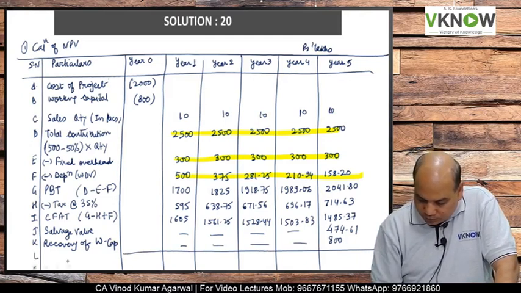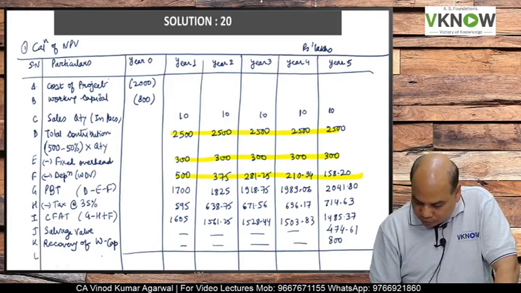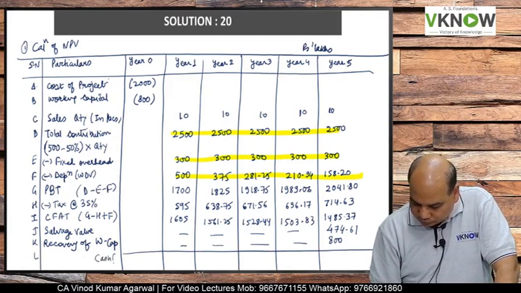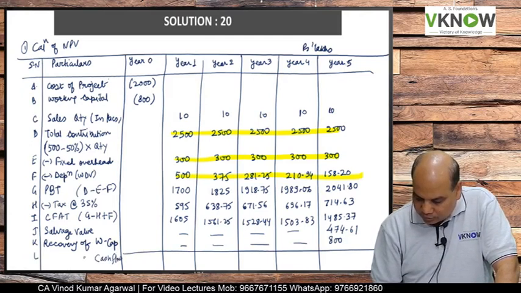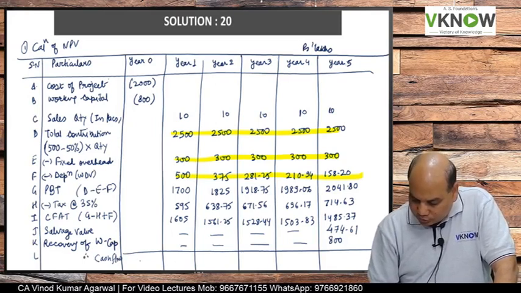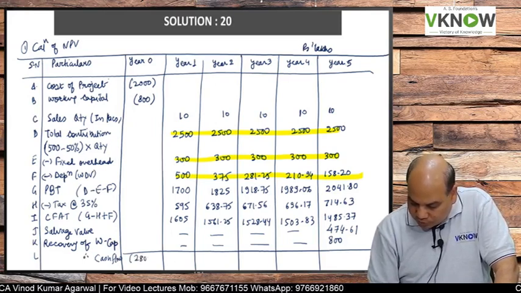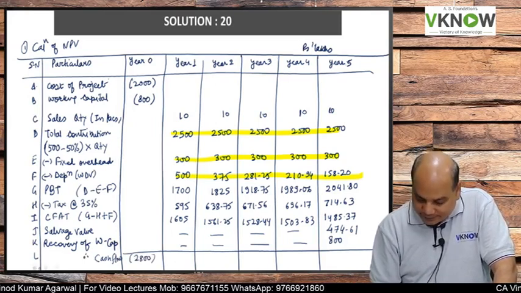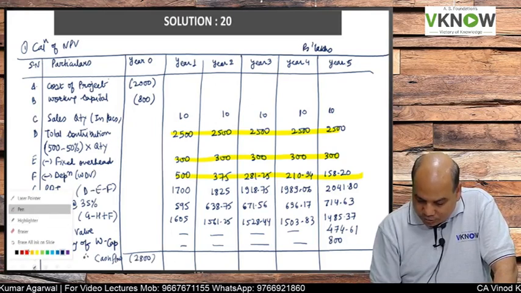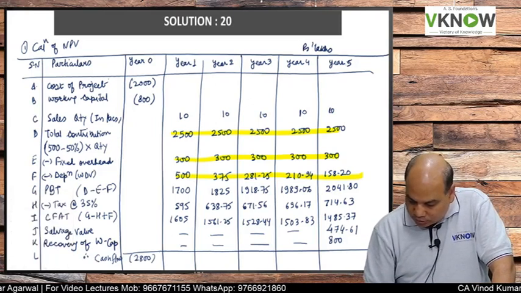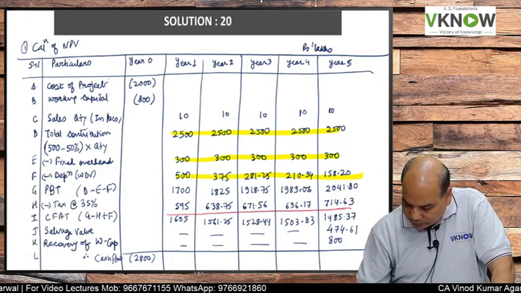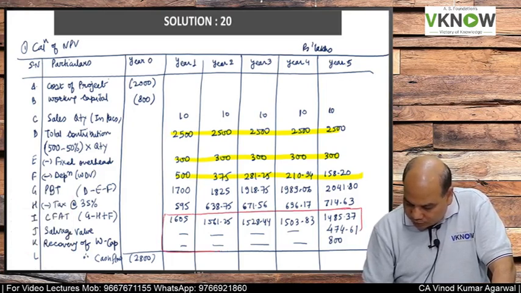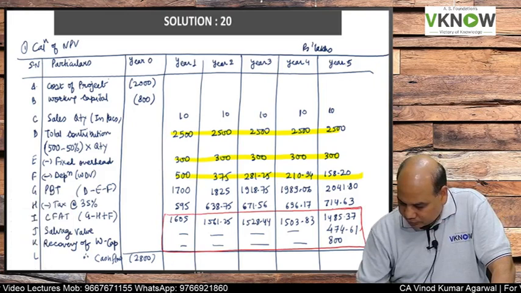L, write down. Therefore, cash flow. Year 0 outflow is 2800. But for the other 3 years, we have to add these 3 numbers. Am I right?